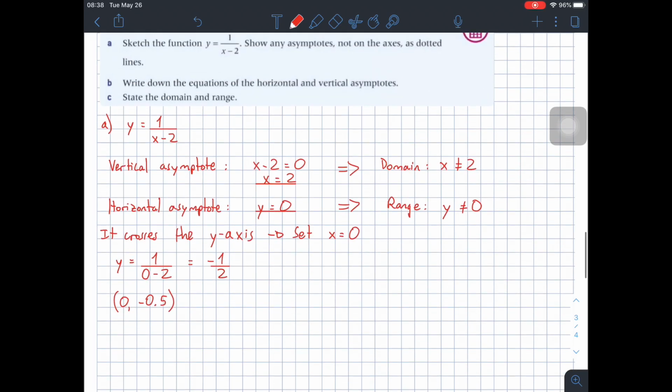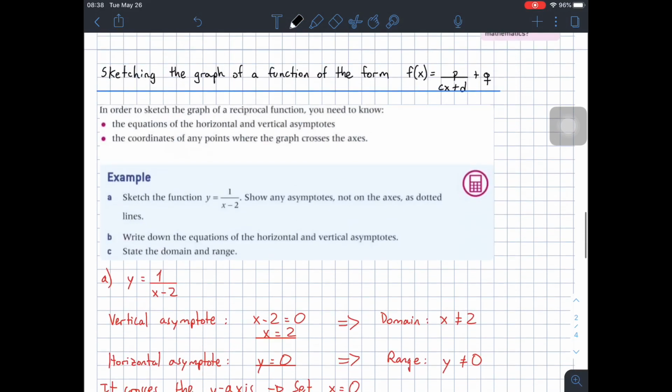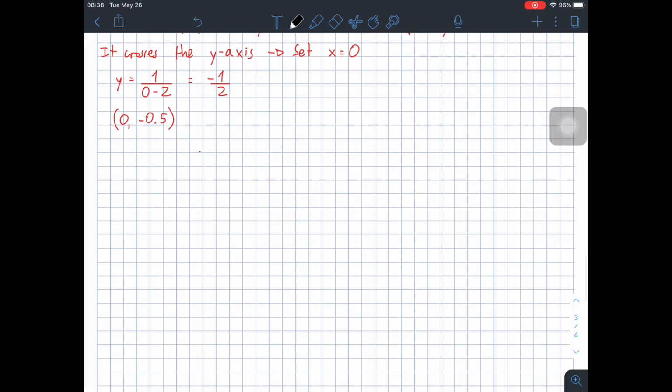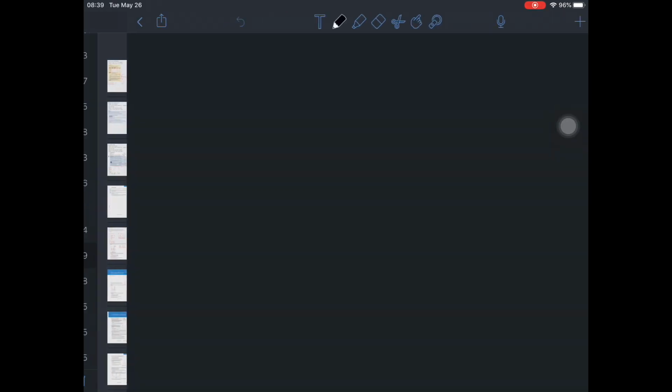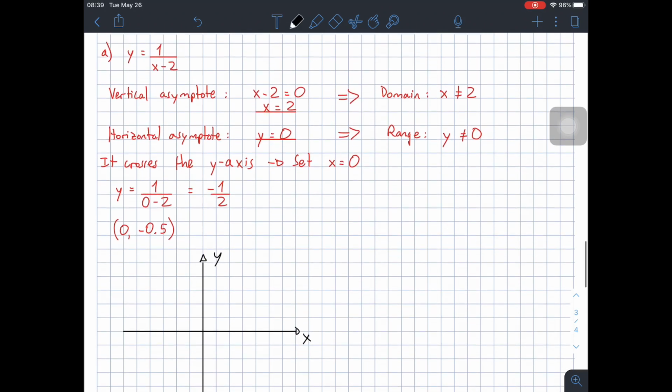So with these pieces of information, with the asymptotes and the y-intercept, we can do a quick sketch of this. Okay, so I'm going to make a quick sketch. Y-axis, x-axis. I am going to identify the asymptotes first.